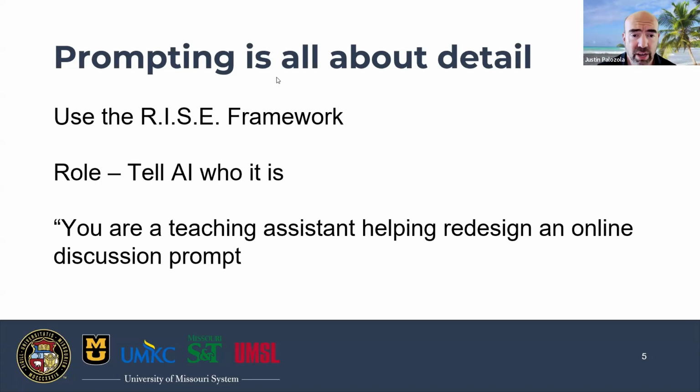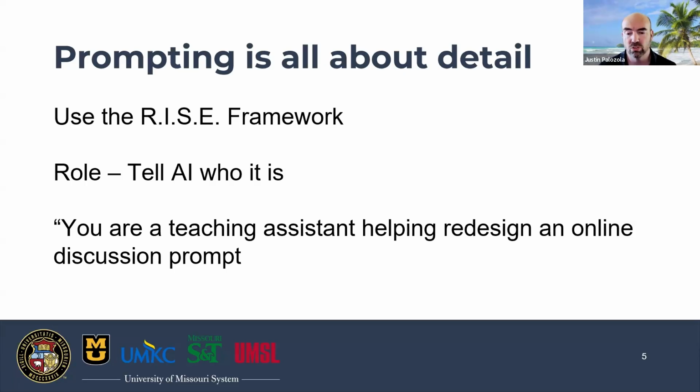So anyway, regarding prompting, it's all about details. I like to use, or at least set the idea of using, the RISE framework. What that entails is role. So tell AI who it is, and these are all in the prompts, right? So this is one prompt: you are a teaching assistant helping redesign an online discussion prompt.